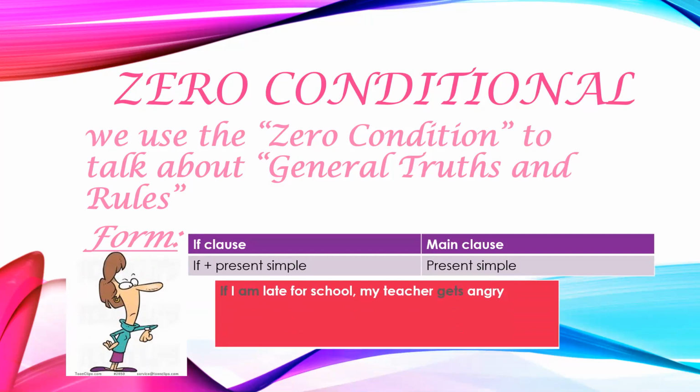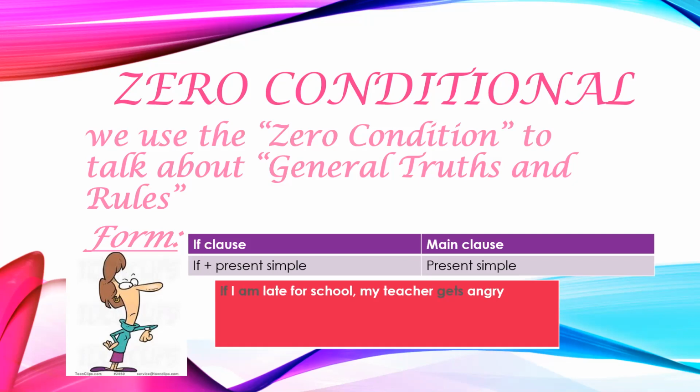The example that you can see shows the if clause plus the present simple, which here is am, and this is of course the present simple of the verb to be. The main clause is also followed by the present simple of the verb gets.